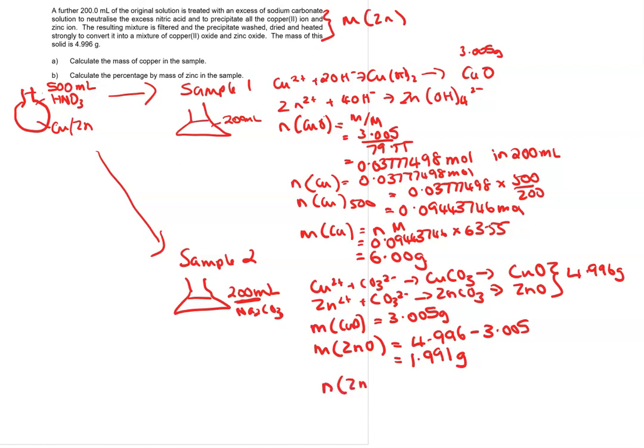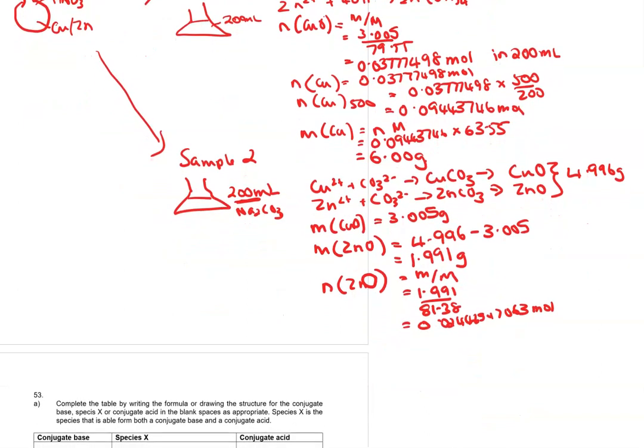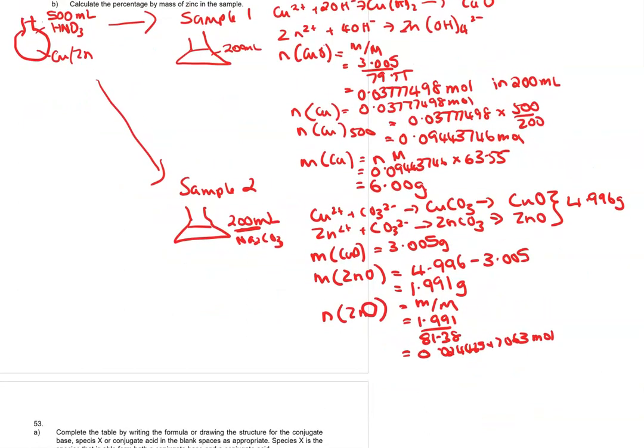Now we've got a mass, we can find a mole. So the number of moles of zinc oxide equals mass over formula mass, which is 1.991 divided by 81.38, which is 0.02446547063 moles. From there, we can now find that's in 200 ml.